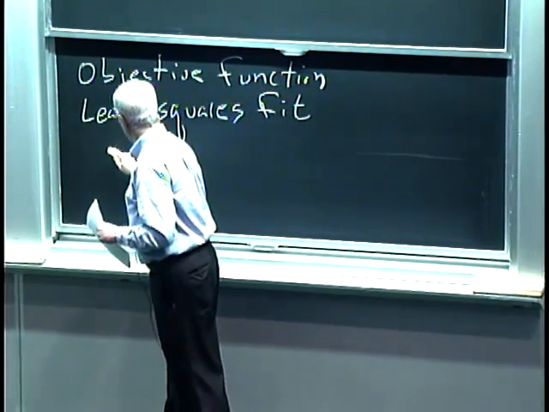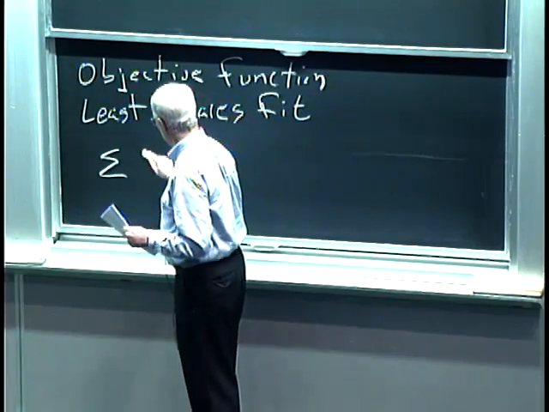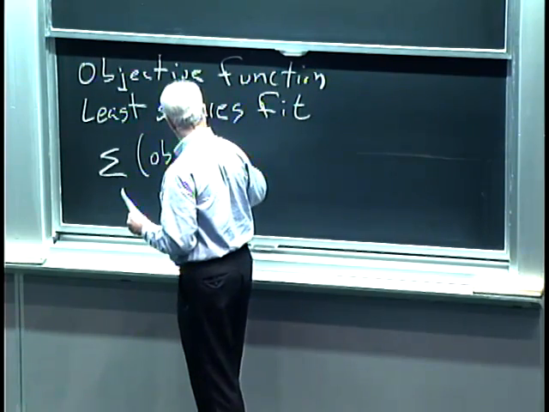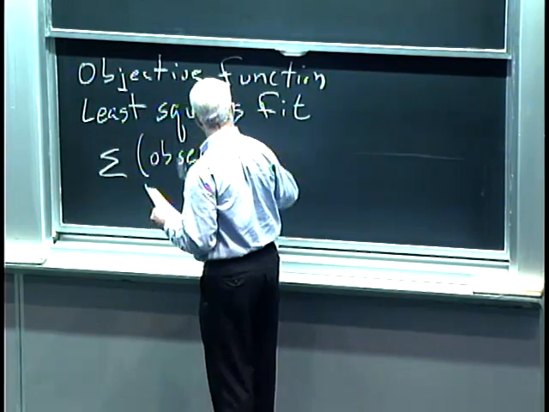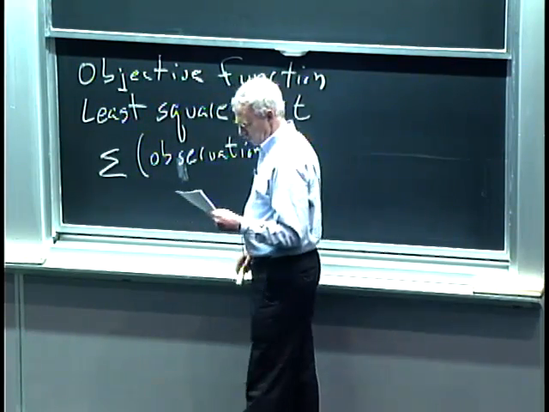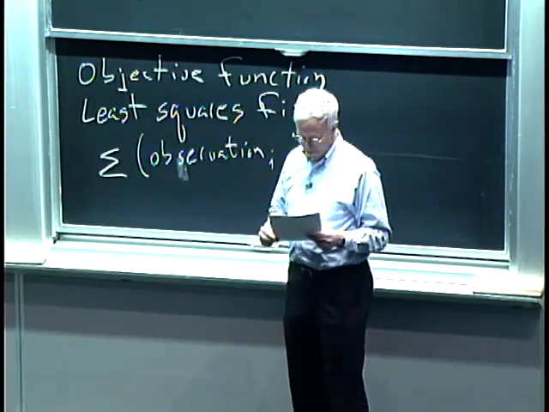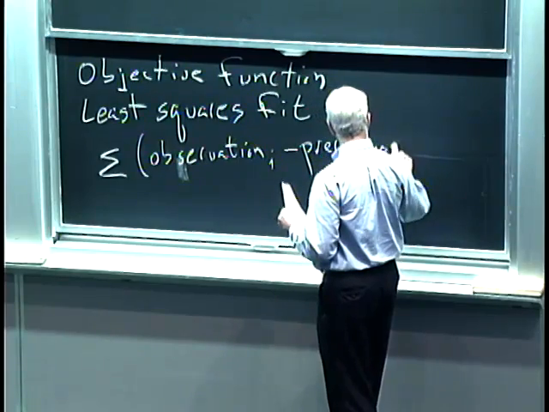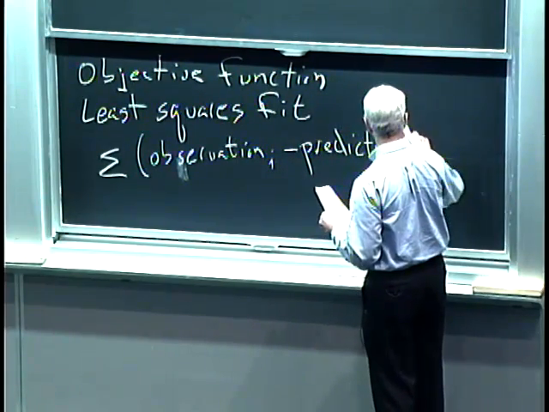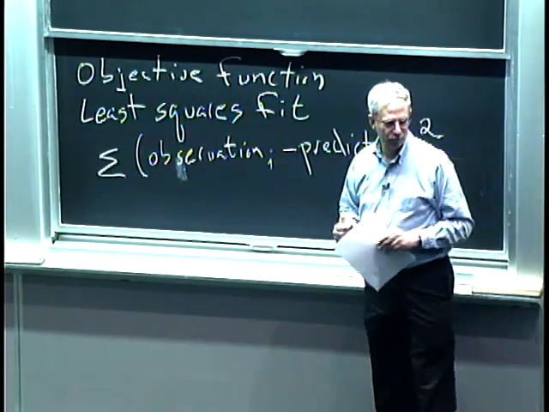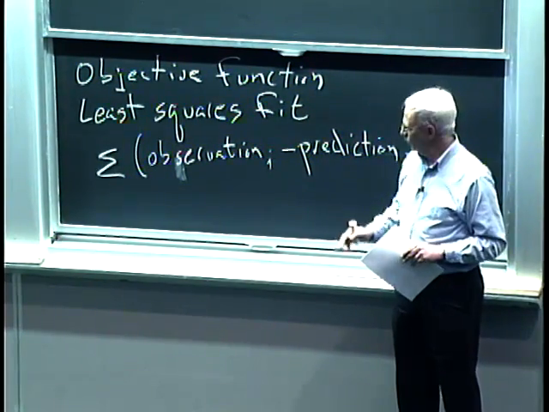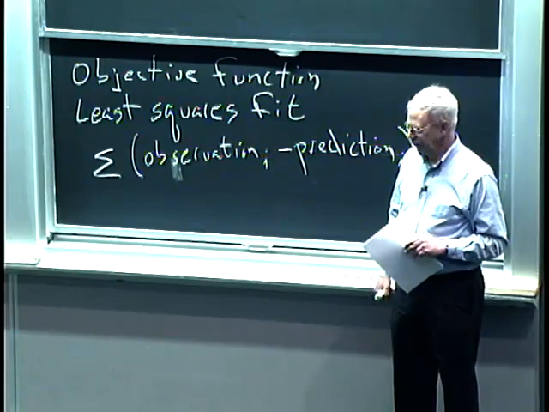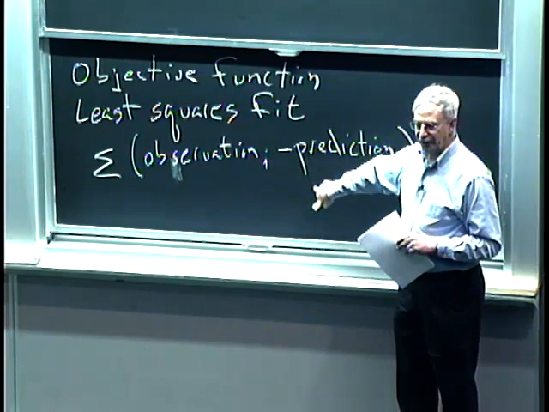I want to find the line that minimizes the sum of observation sub i, the ith data point I have, minus what the line, the model, predicts that point should have been, and then I'll square it. So I want to minimize this value. I want to find the line that gives me the smallest value for this.